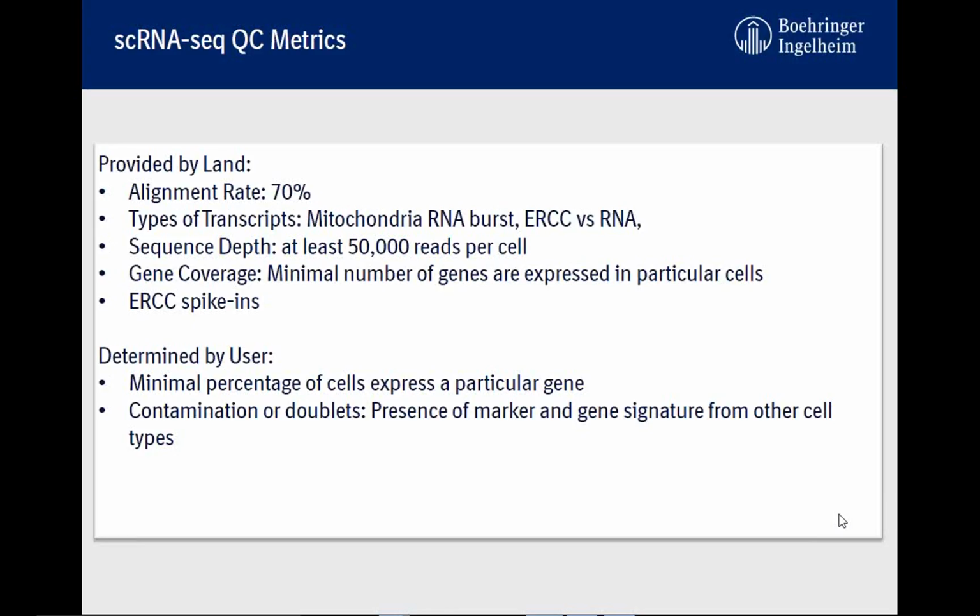There are several features that depend on us, who use the Lens data, because sometimes it's hard for Omicsoft or the data curator to identify issues in the data. I will show an example later on. For example, the minimal percentage of cells expressing a particular gene.